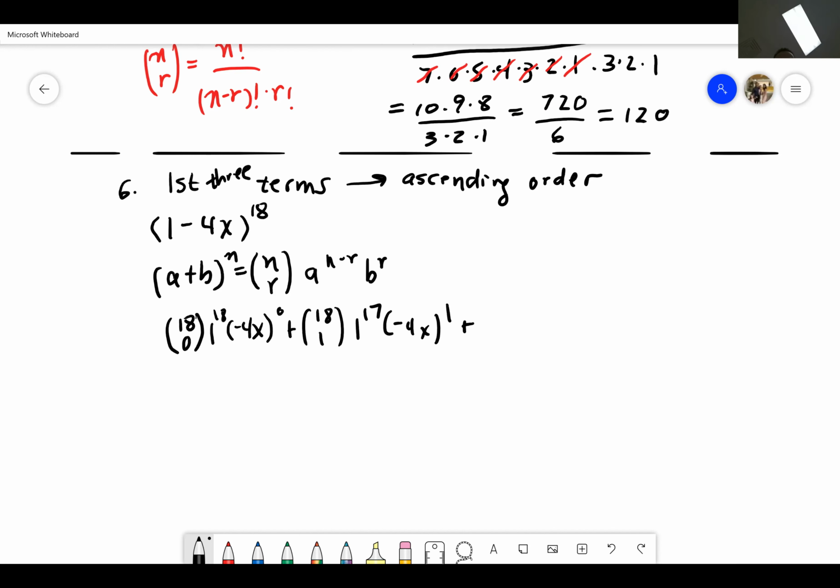And then the third term will be 18 choose 2, 1 to the 16th, and negative 4x to the second.